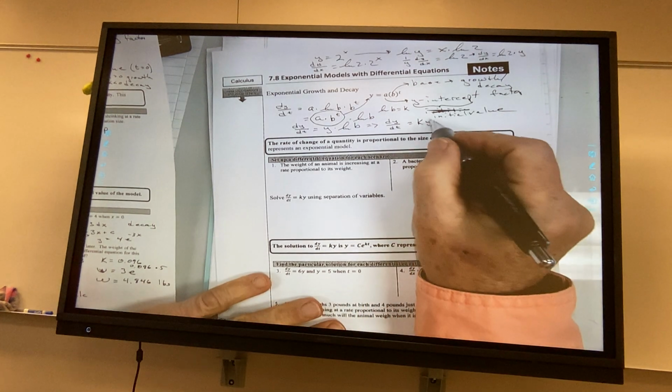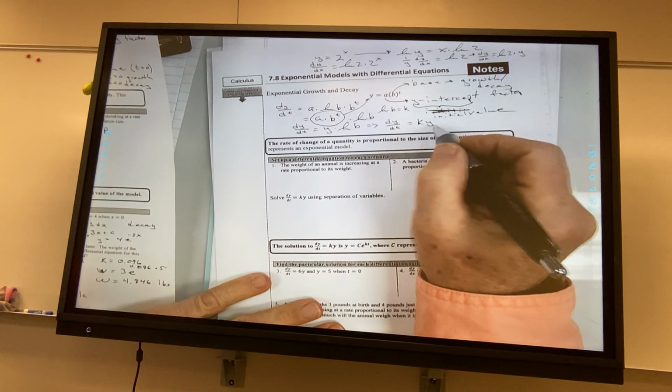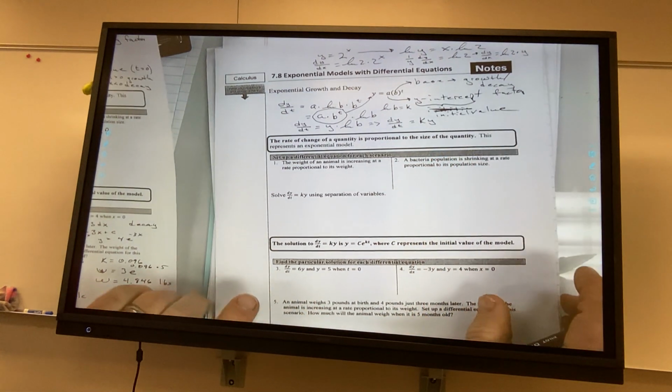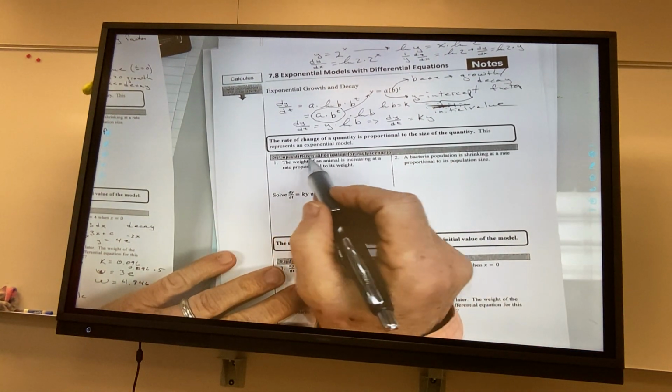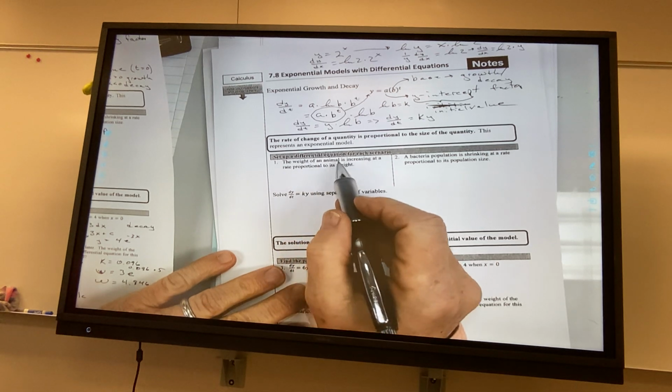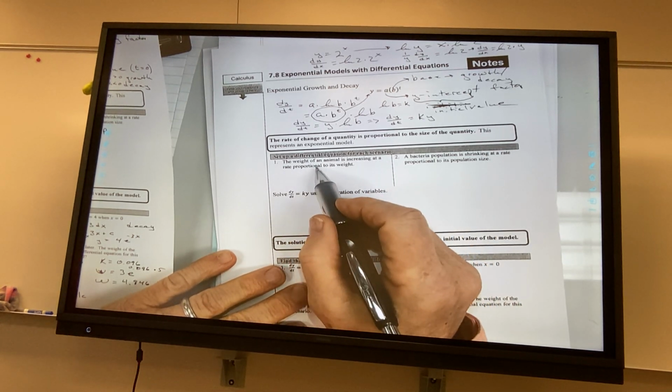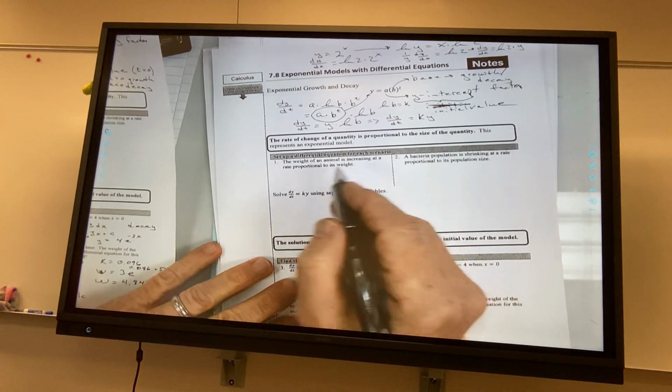So whenever you see this, you know this differential equation is going to create an exponential function. Here's an example. I'm going to just set them up. The weight of an animal is increasing at a rate proportional to its weight.